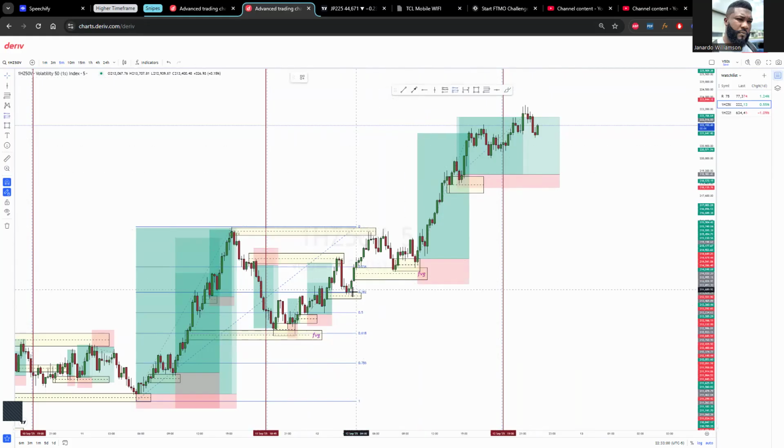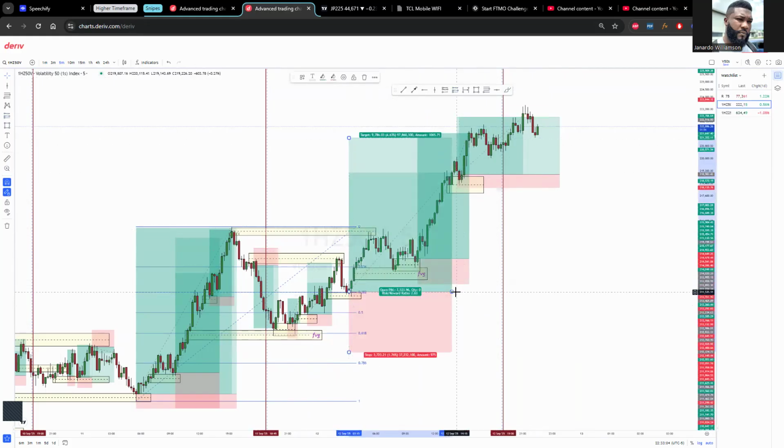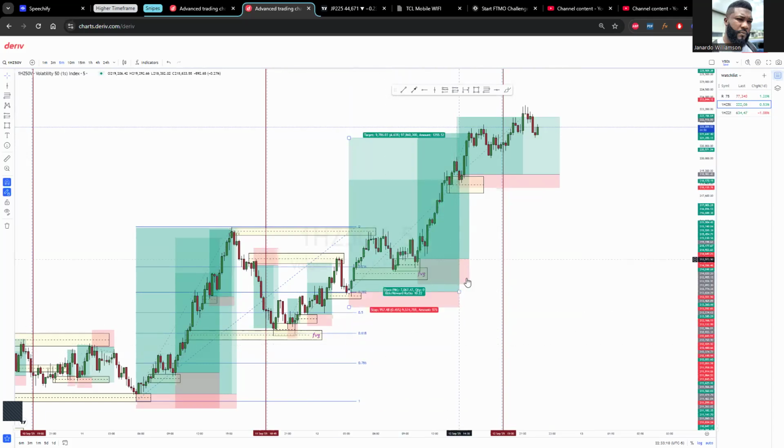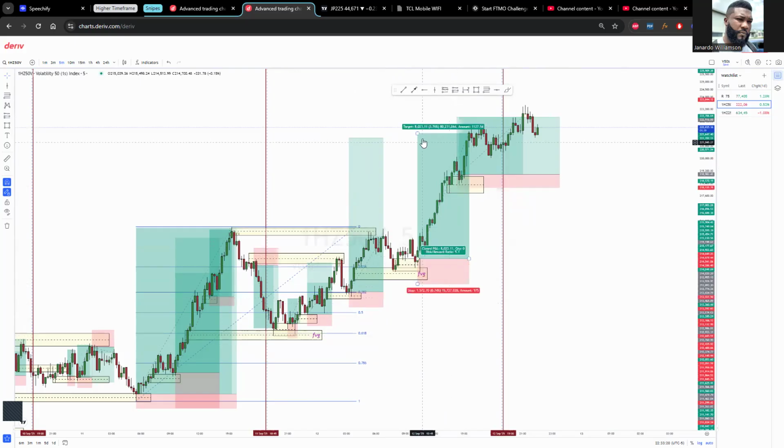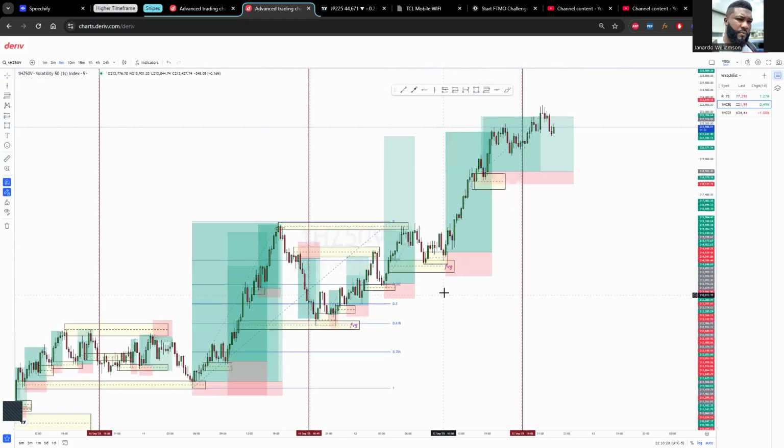Some of these trades you can pretty much hold for the entirety of the day, and that is how some of these trades end up becoming swing trades. As I said, I'm not in front of the charts all of the time, but if I was, I could catch a lot of these moves. A lot of these entries do repeat themselves, and it's not that hard to catch these moves.